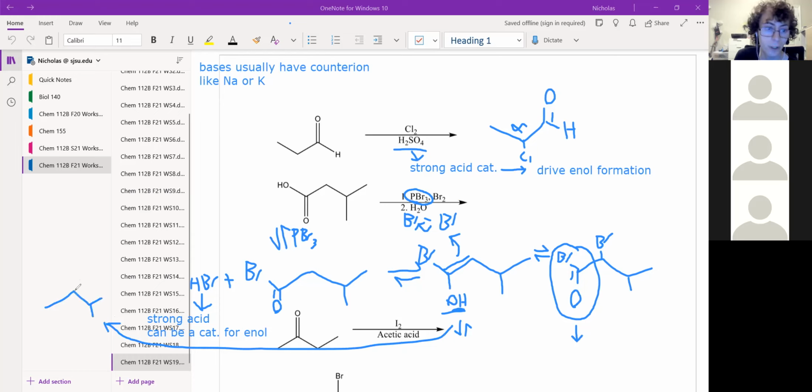I don't think I'll show a whole mechanism because I don't have it memorized myself, but you'd get an intermediate like this. Actually, I think it makes a decent amount of sense now that I'm looking at it. You could draw a resonance form after you added the bromine there, pushing the lone pair from the oxygen towards the positive charge.